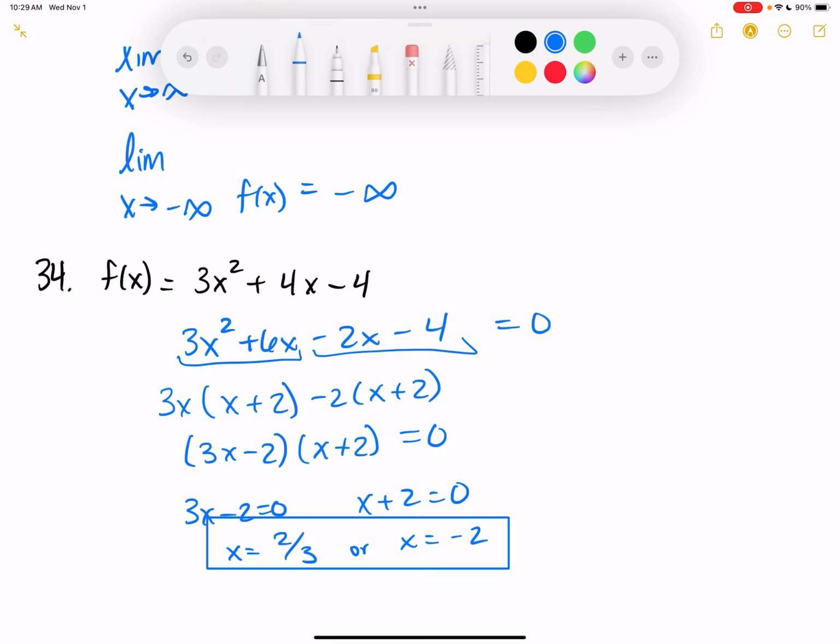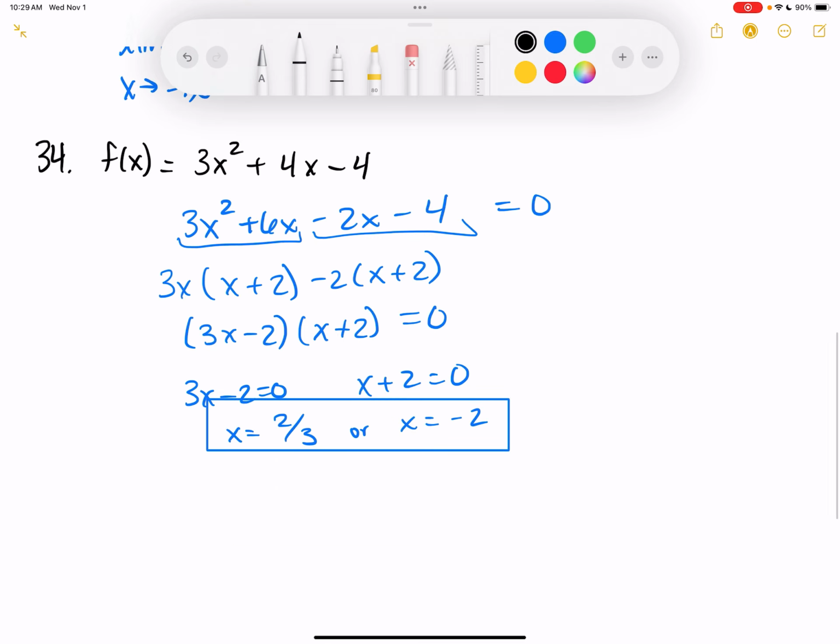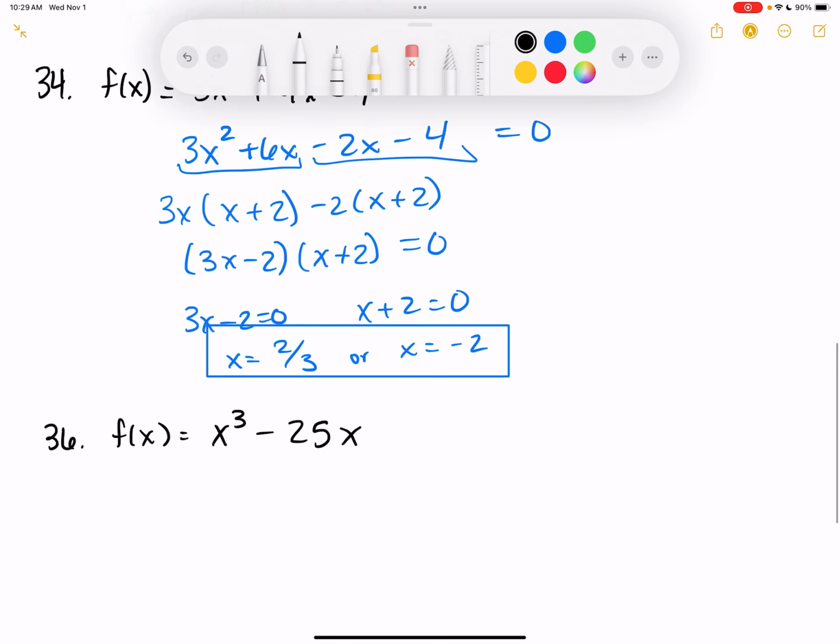All right. 36. F of x is equal to x cubed minus 25x. What would I need to do with this one? So you can take out an x first, so this is going to give me x times x squared minus 25. And now that's what?